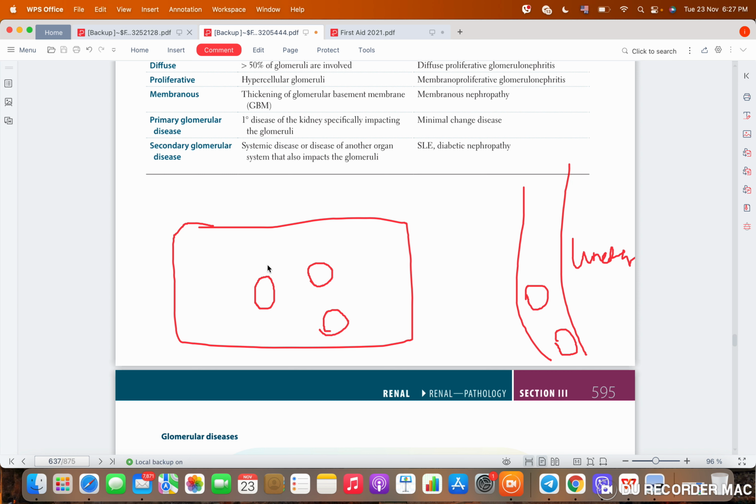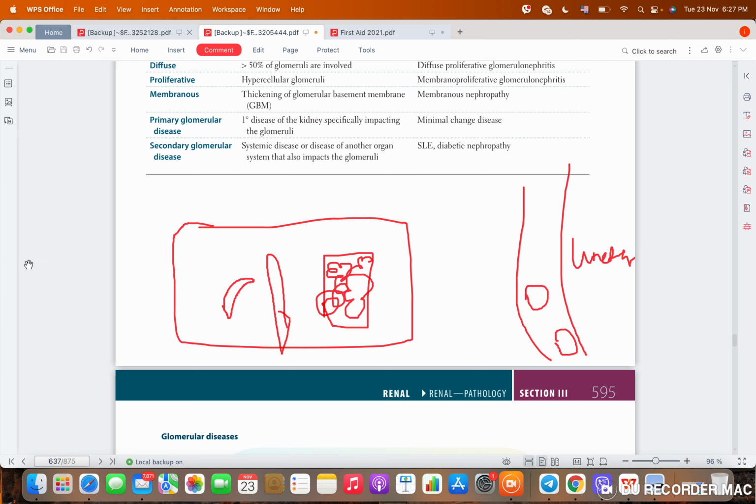But if you look at the same thing and you see here something like this, there is a cast, there are many RBCs inside of it, and in addition there is a dysmorphic RBC here, dysmorphic RBC there. What are you thinking about? Is it upper or lower bleeding?